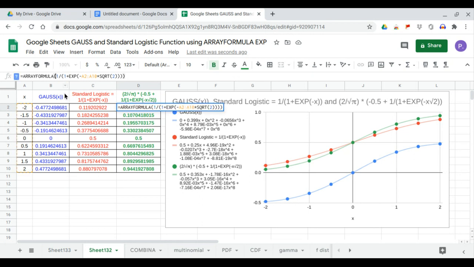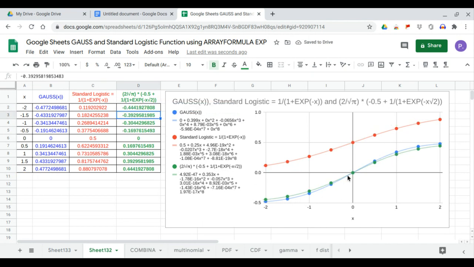So 0.5 plus, and it should be negative. That means this green line will be along the origin. Now the green line is along the origin and we're closer to the value of the Gauss function in blue.